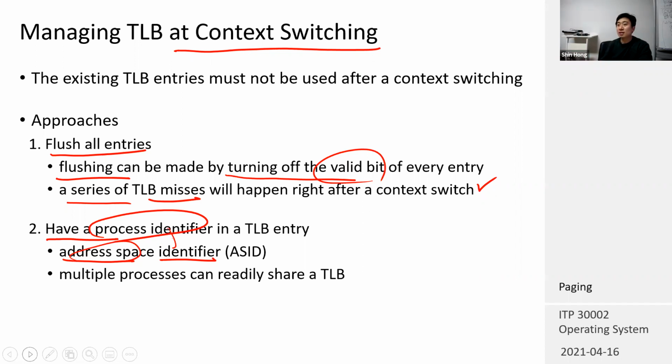Then it is likely that the old TLB entries are still remaining there and can be used. Okay, so this makes multiple processes readily share the TLB, so it moderates the cost of context switching. Make sense? So it's not for the current process, but for the future, to come back.